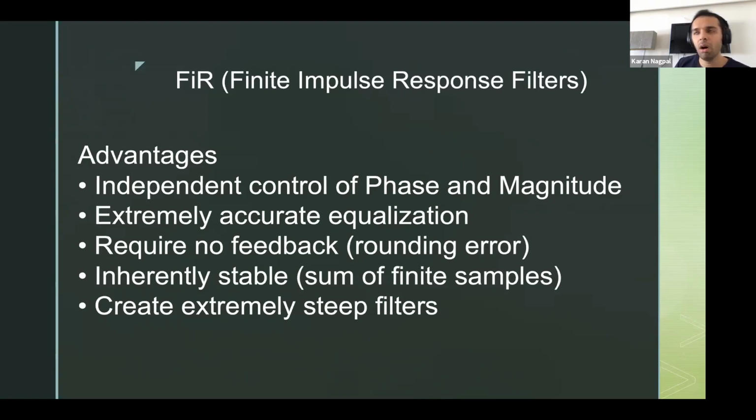Again, it's just going to get confusing, and I'll be showing diagrams of what we are doing. It's also inherently stable. Just take it, finite impulse response means these samples are very finite. In infinite impulse response we use windowing again to avoid it going into infinity, so it's inherently stable. And you can build very steep filters, as I showed you.